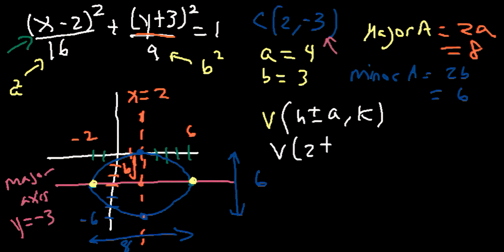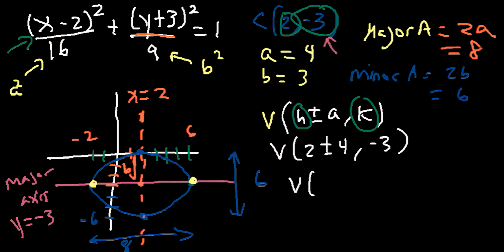So basically we do 2 plus or minus 4, comma, -3. Keep in mind, h is 2, k is -3. So basically what this means is that we go 4 to the right along the x-axis and 4 to the left from the center. And so we get these 2 points. 2 plus 4 is 6, and 2 minus 4 is -2, which correlates to this point. This is 6, -3, and -2, -3. So that's the vertices, or the endpoints of the major axis.